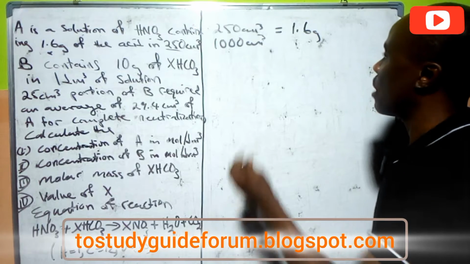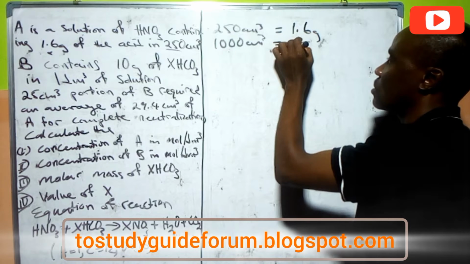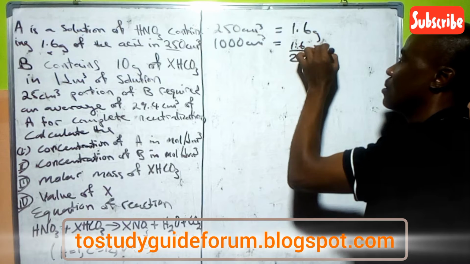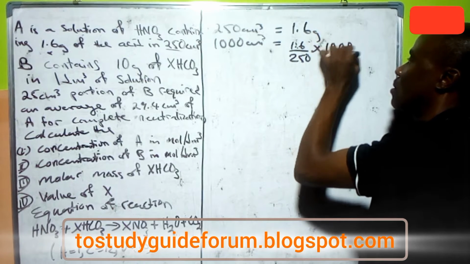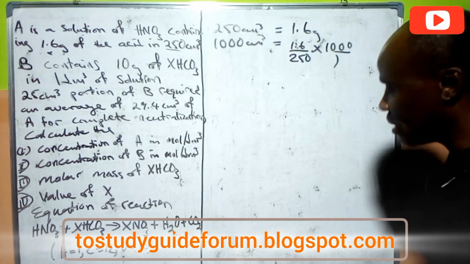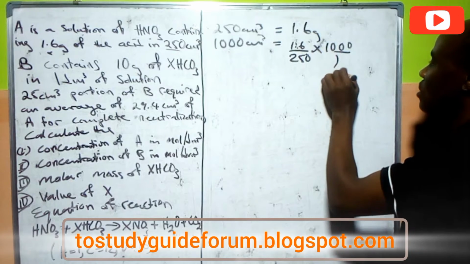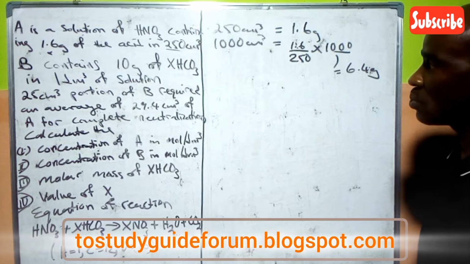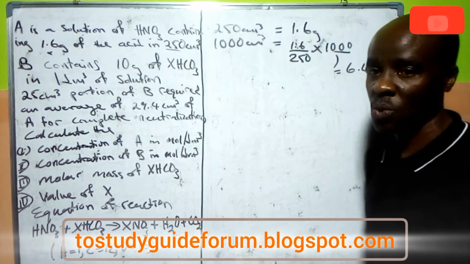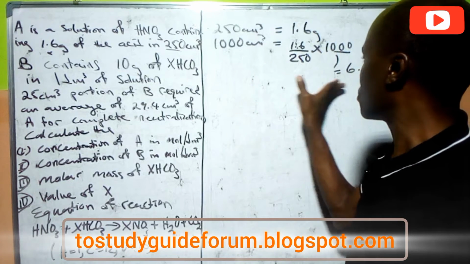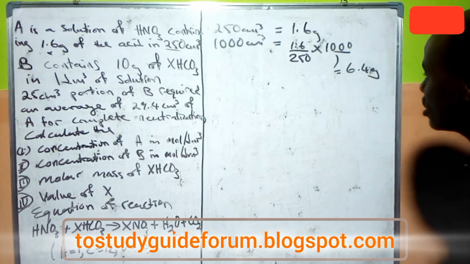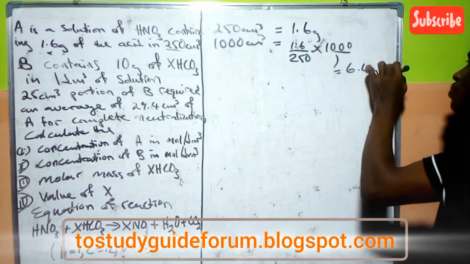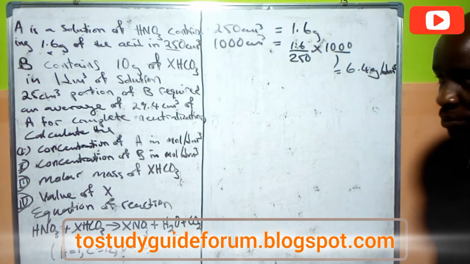So now what are we going to have here? 1.6 times 1000 over 250. So when we divide through, what we're likely to get there is 6.4 grams. That is what we have in 1 dm cube, because we always work with dm cube. That is 6.4 gram per dm cube. That's exactly what it's supposed to be.